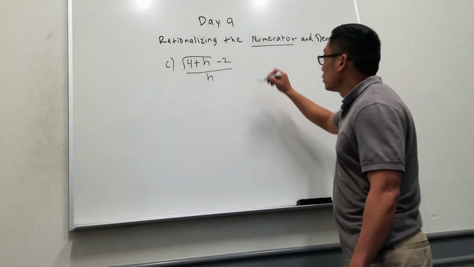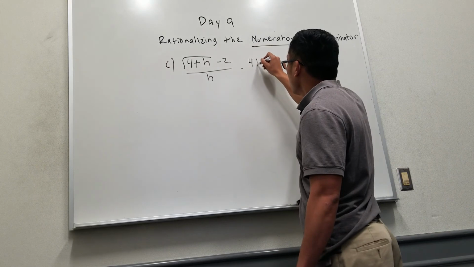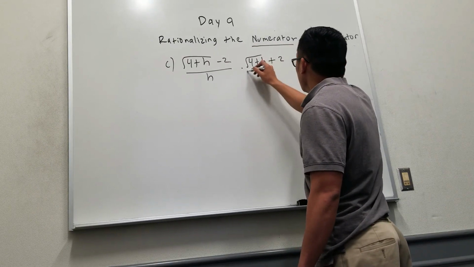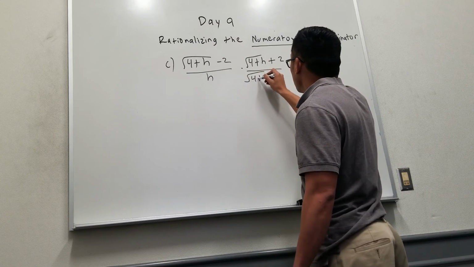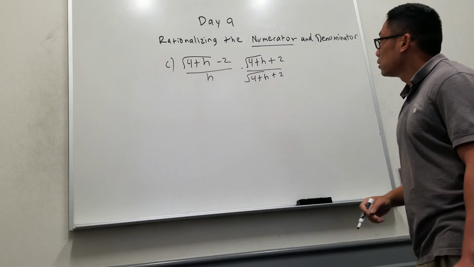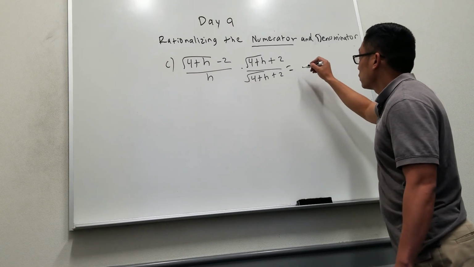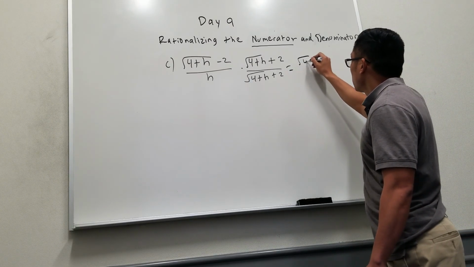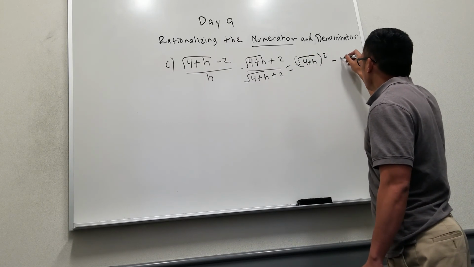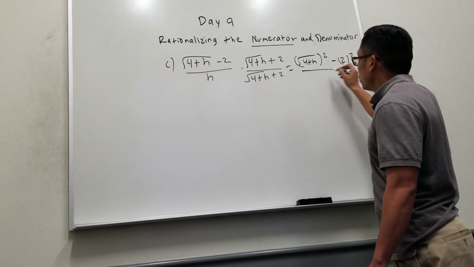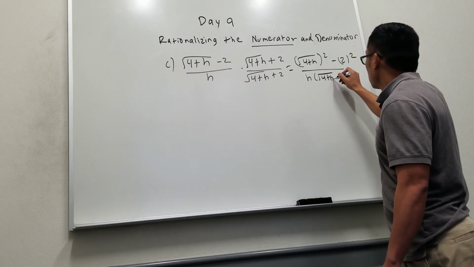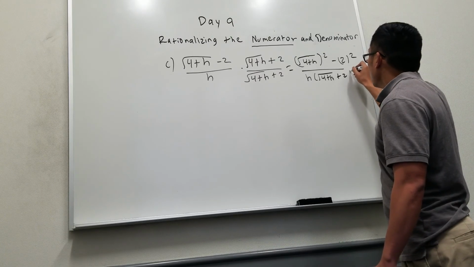Here I'm going to multiply by radical 4 plus h plus 2. This will be equal to radical 4 plus h squared minus 2 squared, all over h times radical 4 plus h plus 2.